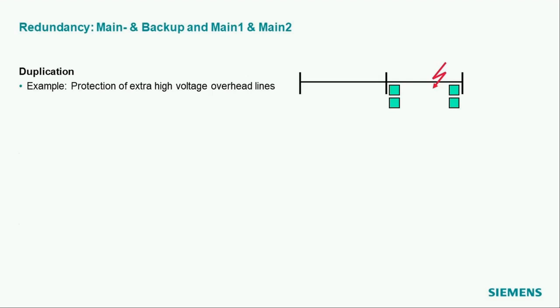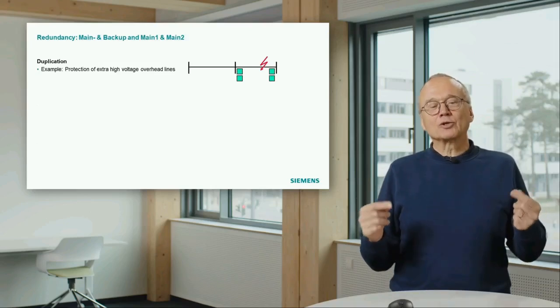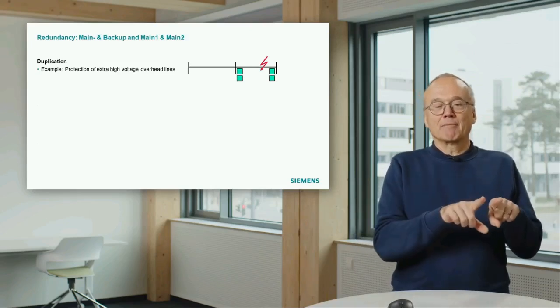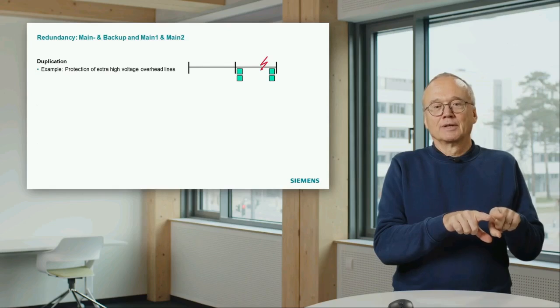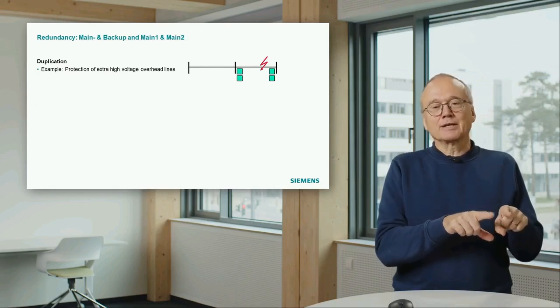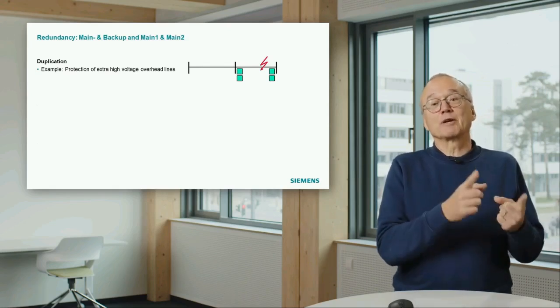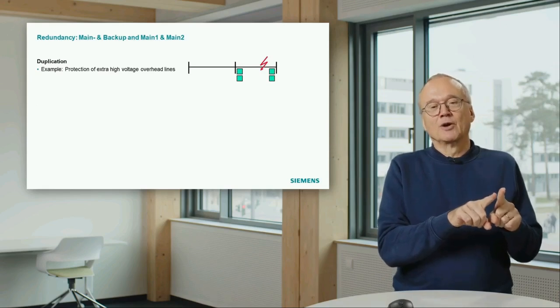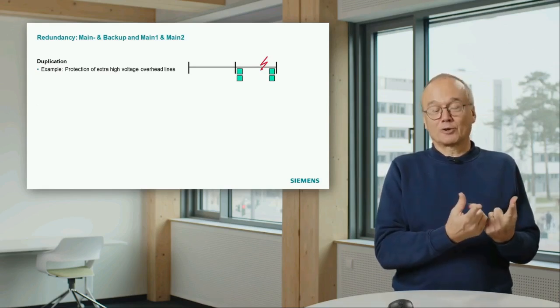That means instead of installing one protection on both sides, you install two protections on both sides. And now the first question in this context is, what are you going to do with the trip signals? Can both trip individually? That means, will the breaker trip if one of these two trip? Or do you make a 2 out of 2 logic?